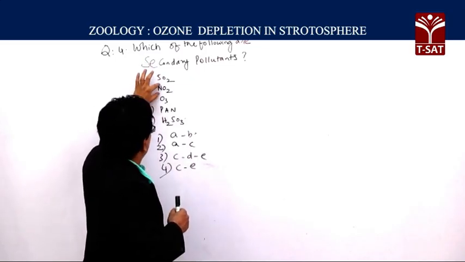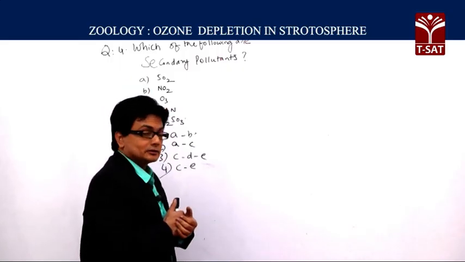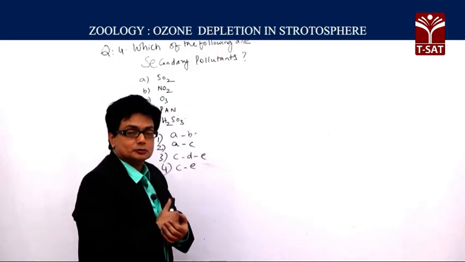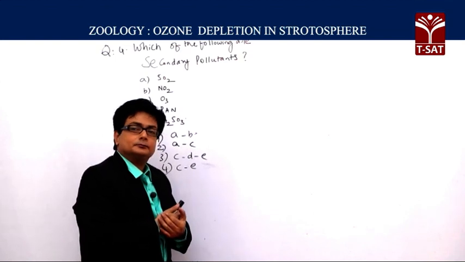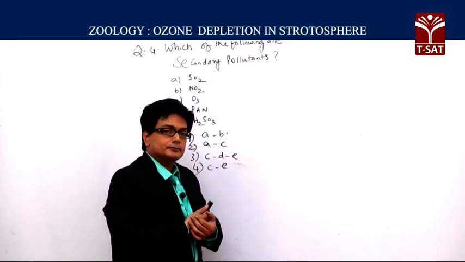Oxides of sulfur, oxides of nitrogen, ozone, peroxyacetyl nitrate and sulfurous acid. Amongst these 5 options, let's see the first one. Oxides of sulfur are always the primary pollutants.